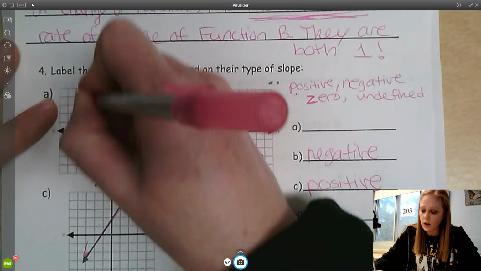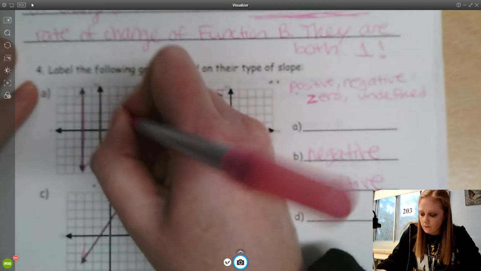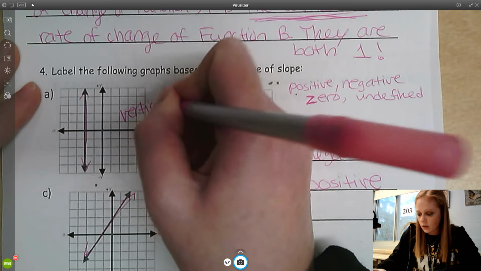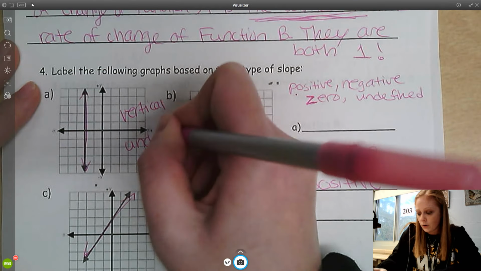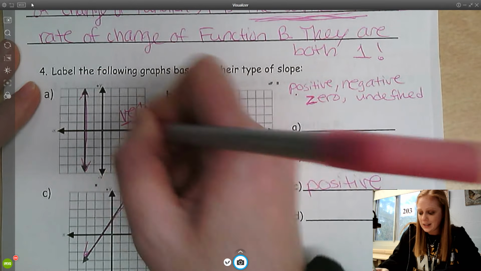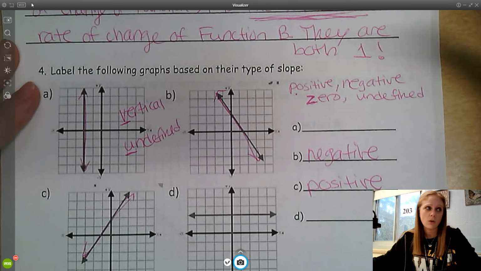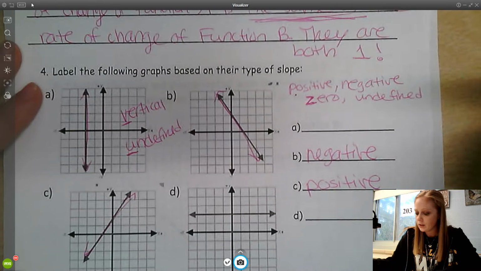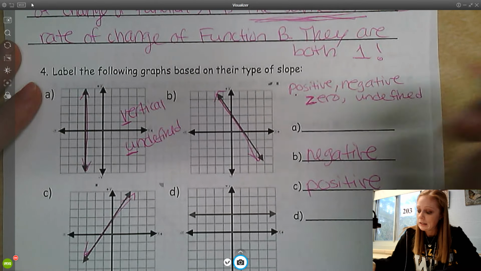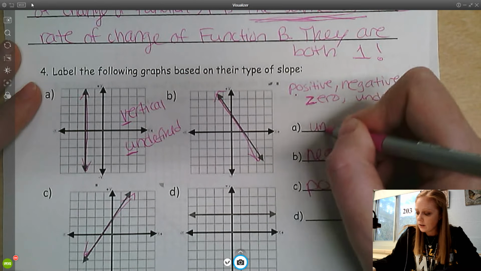It's a vertical line going up and down. Vertical line. Vertical, the V in vertical is kind of similar to a U. They're almost like the same letter if you ask me. So V and U, you could try to remember undefined and vertical go together. V and U are similar letters. So A is undefined.